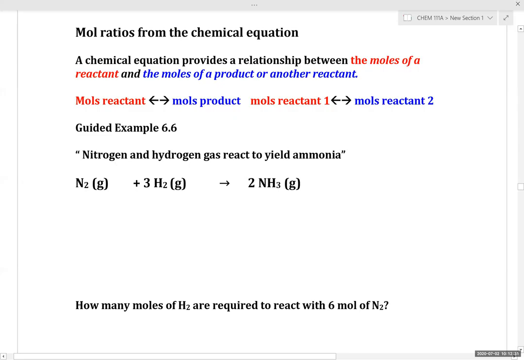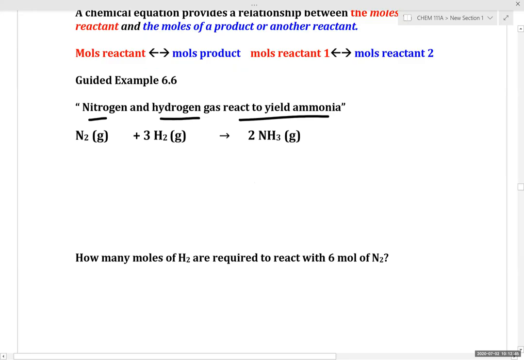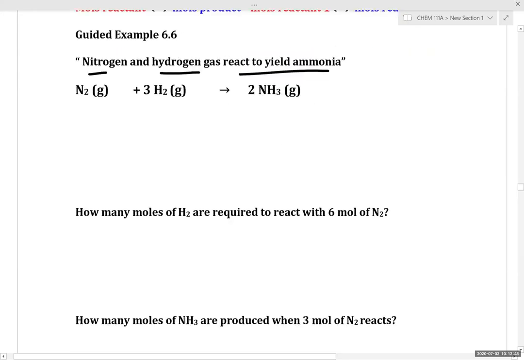So let's suppose we're given the equation: nitrogen and hydrogen gas react to yield ammonia. I've already done everyone the favor of providing the chemical equation that is balanced. And before we actually look at the contents of the problem, I always like to list the potential mole ratios that I can use.